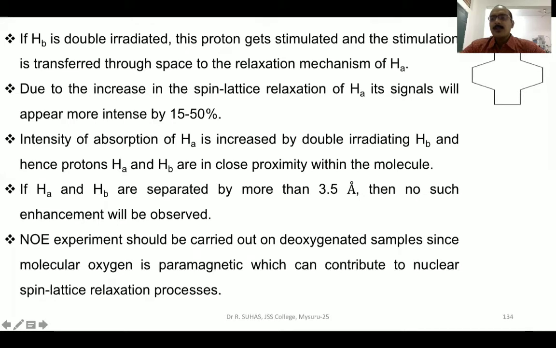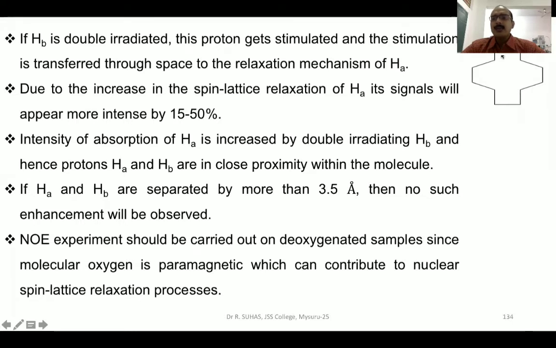Because of this extra energy, the stimulation is passed through space to the relaxation mechanism of HA. Whenever the stimulation is passed from one proton to the other, the intensity of the signal of this proton is greatly enhanced. Whenever this enhancement takes place, you can say that HA and HB are in close proximity.